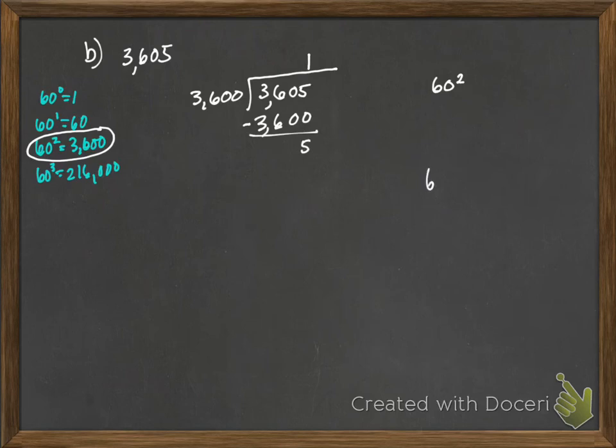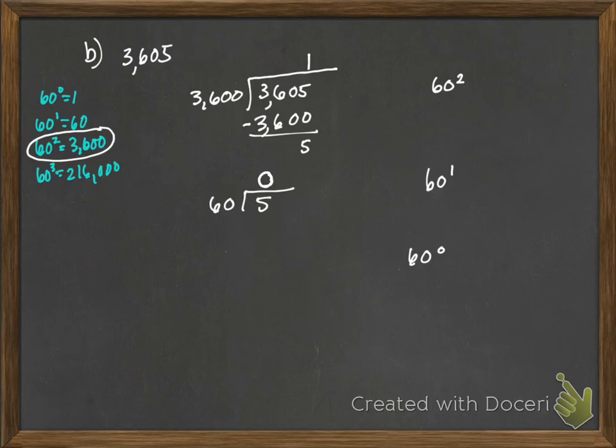I have to drop down to the next position, which is 60 to the first. Does 60 go into 5? Hopefully you said no, because 60 is too big. So I put a place value of 0 and drop down to the next position, which is 60 to the 0. Remember, that is 1.